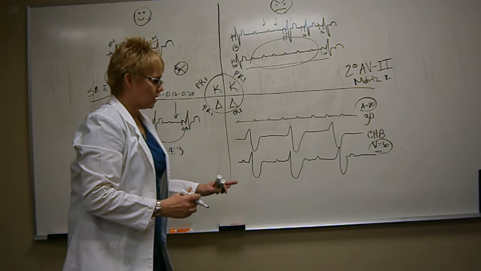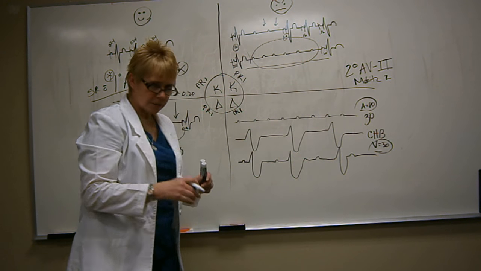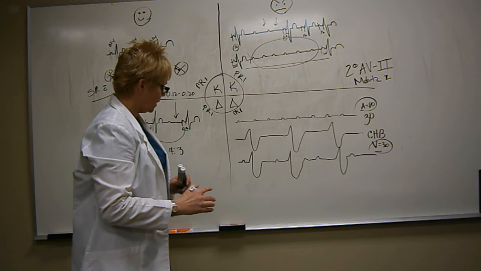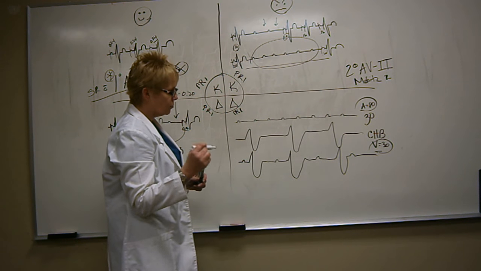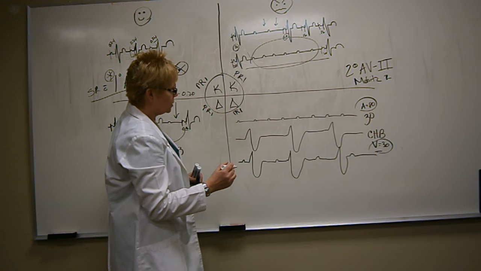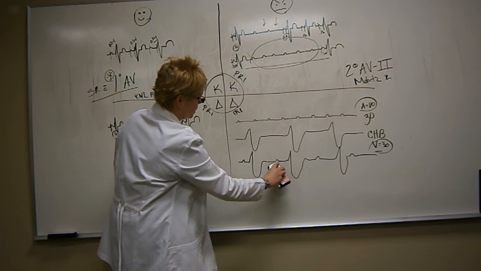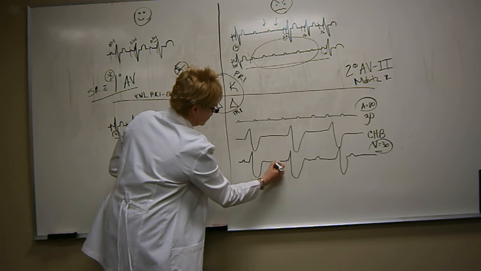So when you look at a complete heart block, sometimes it's very, very difficult to see the waveforms, okay? So what you have to do first is find what you know are 2 P waves, okay? And this one kind of just didn't bring down evenly.